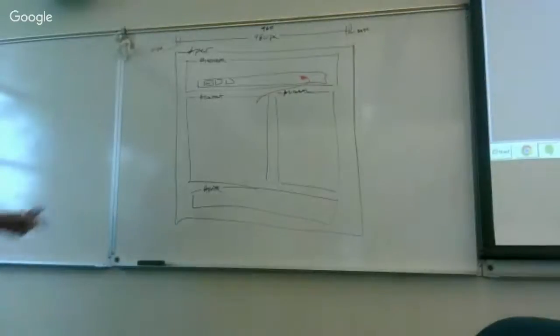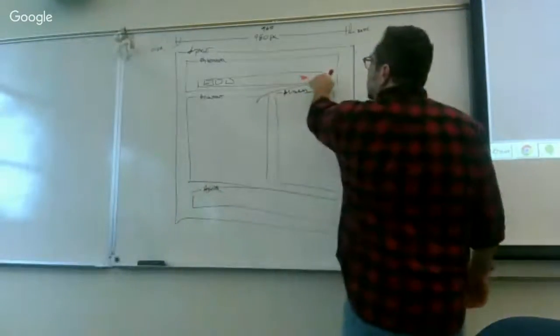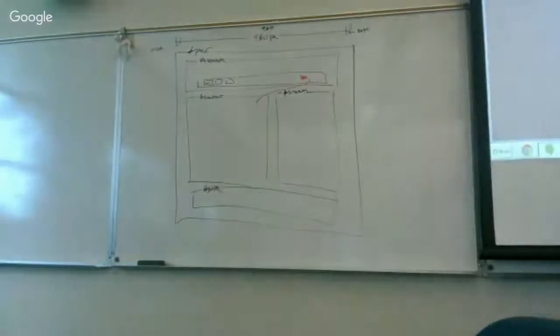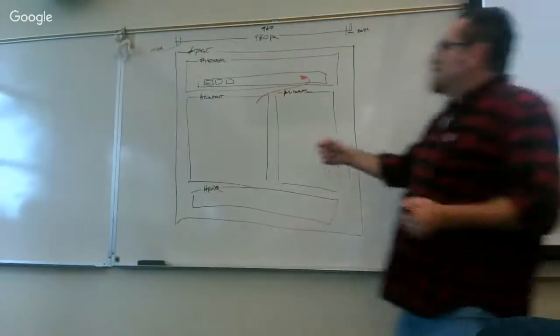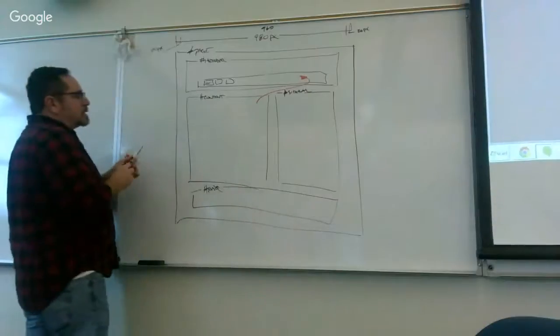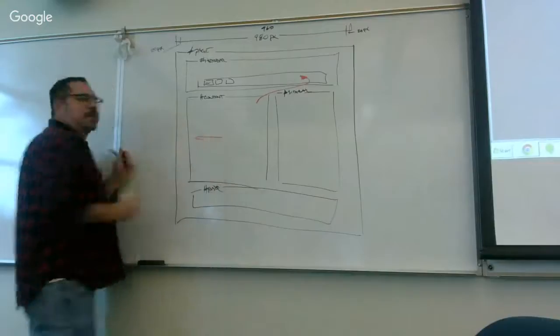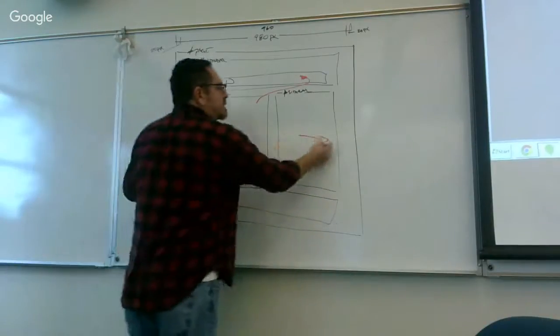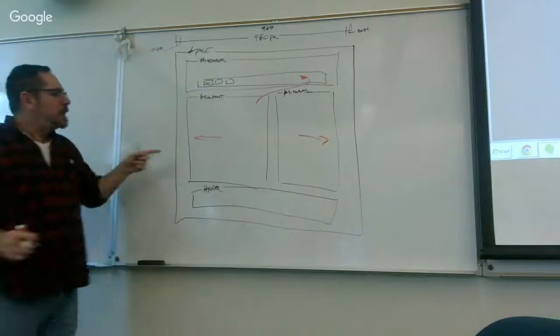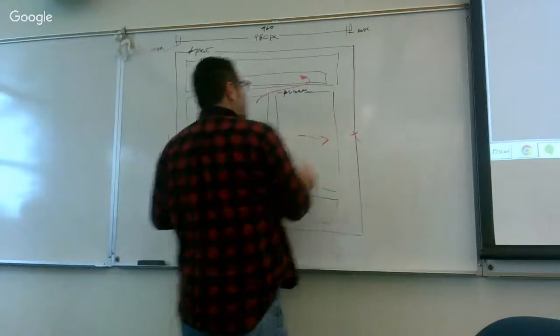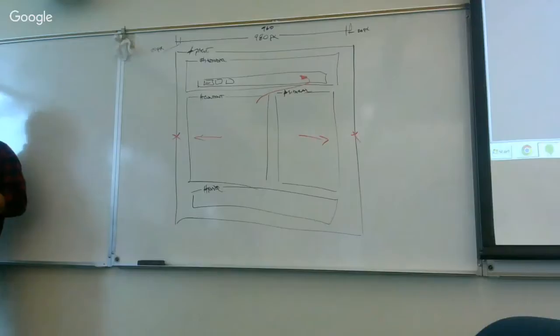So if you've ever had this float up next to here, what's the reason? Yeah, okay. So this right here is floated left, and this is floated right, it is going to float out to the edges of that container, true?